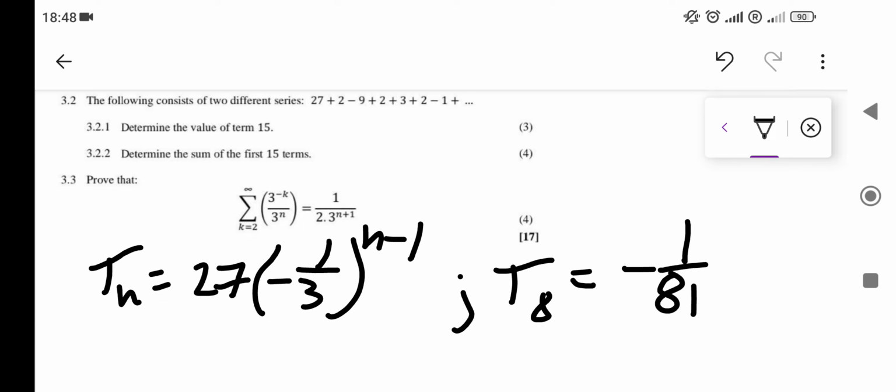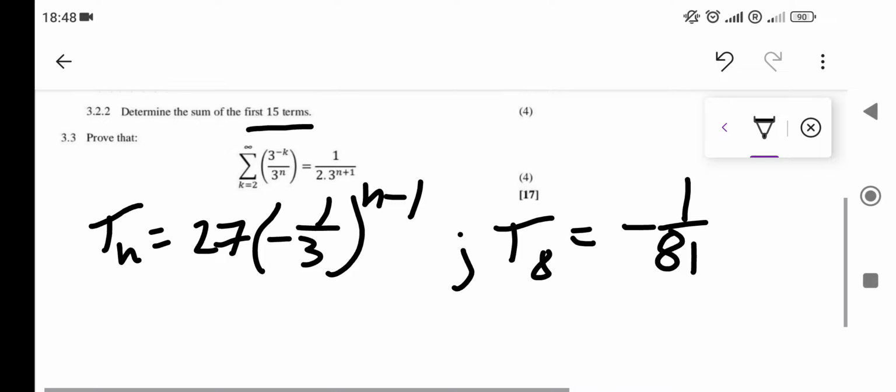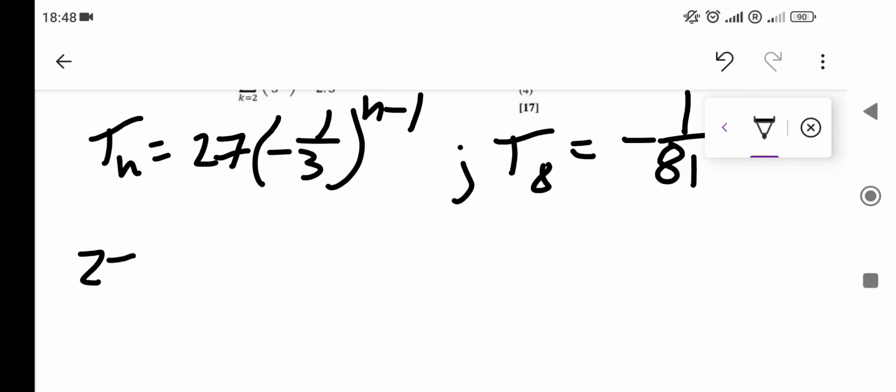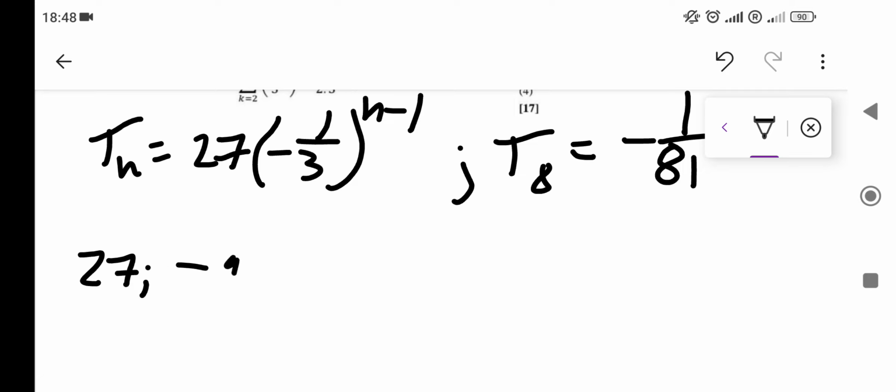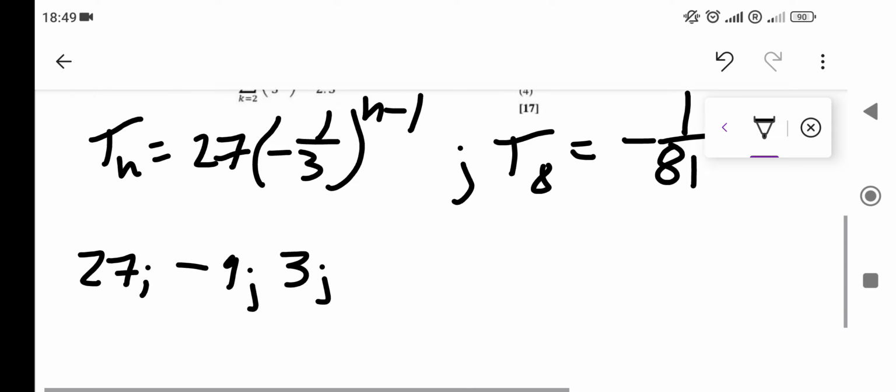Okay, all of this we did in the previous video. So if they're asking for the 15 terms, that means in the one series, the one that's on top, in our 27, what was next? Minus 9, positive 3, negative 1.